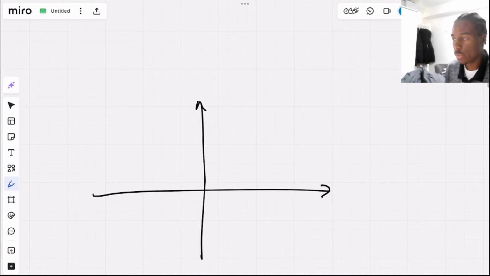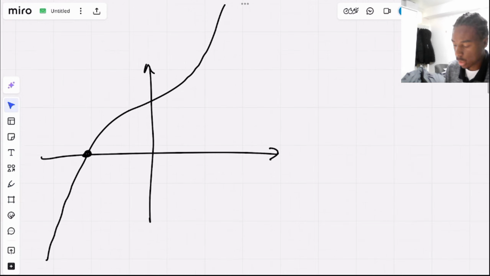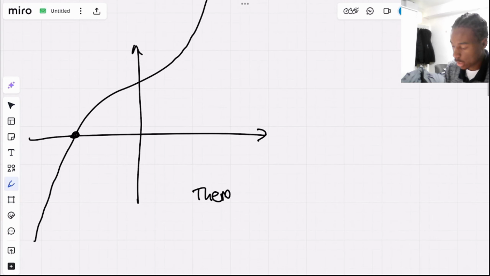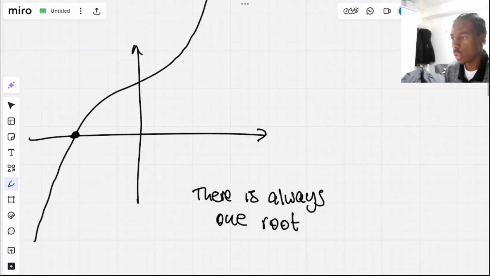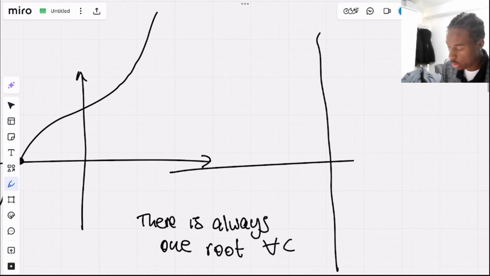What does that mean for the roots? Well, that means there is always one root for all values of c. Okay, so it doesn't matter what c is. This cubic, there will always be a value of x for which y is 0, no matter what c is.